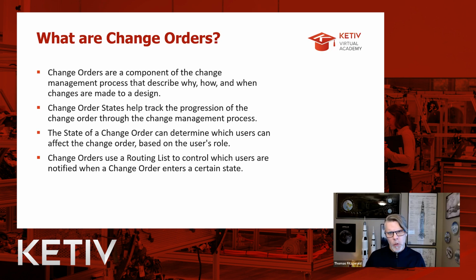So we need to store or collect all this information around the change and the kind of change that's going to be made, or the kind of impact that change is going to make. So change orders are a way for us to manage that. It's a mechanism to try to control what we do around change within our business, particularly in the context of what we're talking about today, really around design and engineering.